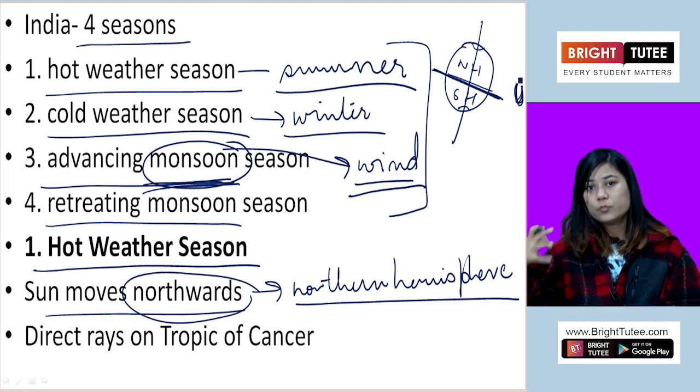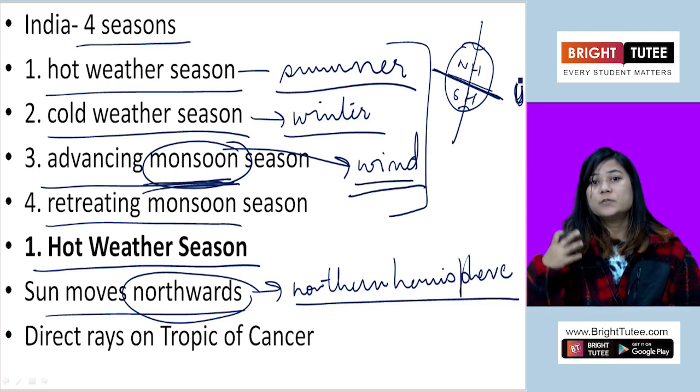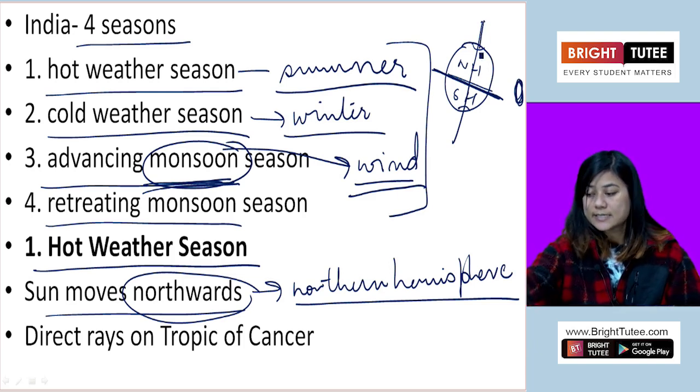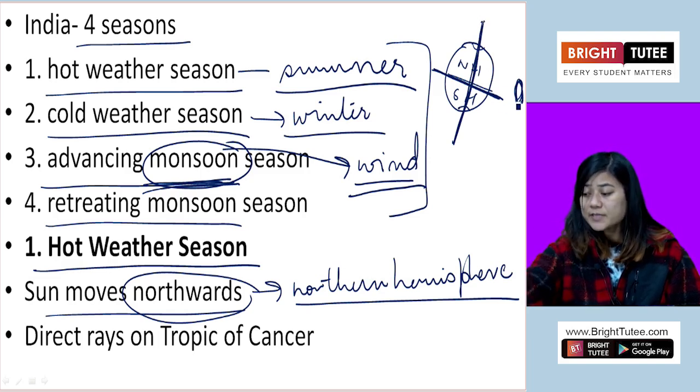It does not move. The earth revolves and rotates, and it is tilted on its axis. Now during the hot summer season, the sun's rays fall directly on the northern hemisphere.